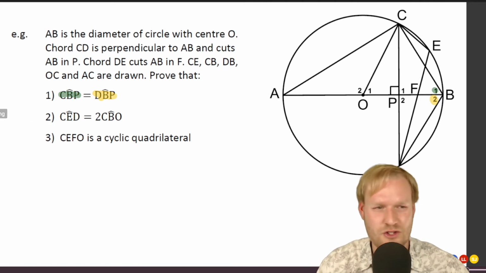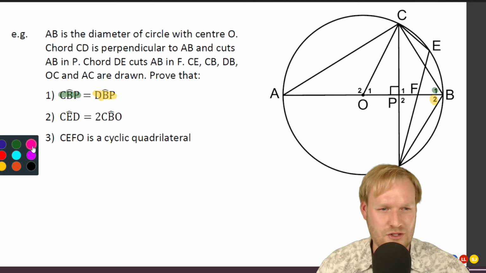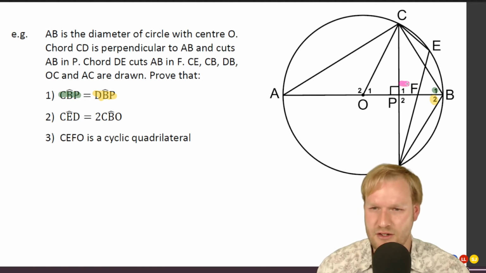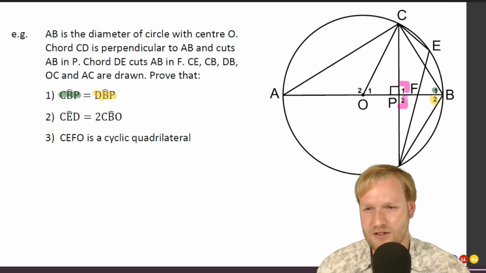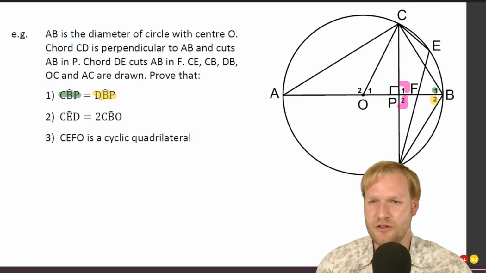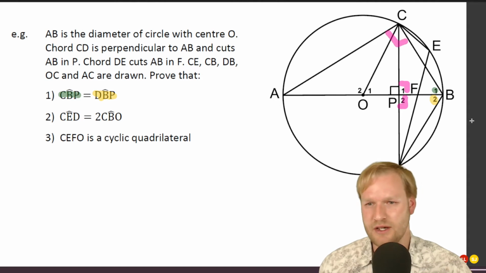Okay, so those two are equal. Let's just revise here. So we know that all of these are 90 degrees. So that's 90 degrees. So that's 90, and that's 90 over there. And we know that this is 90 up here as well.